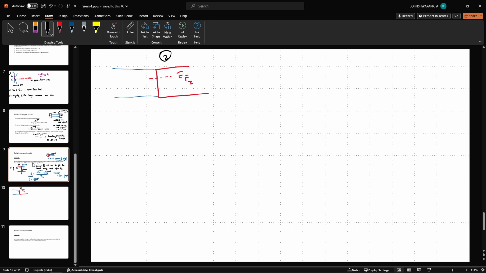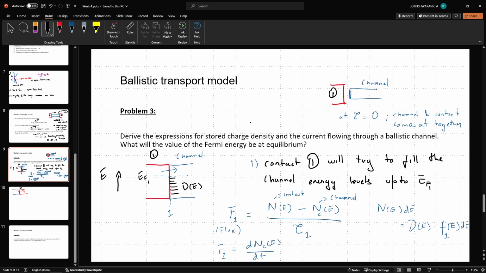So what has to be understood here is this quantity F1 can be positive or negative depending on the value of energy. If the energy is above EF, then this quantity will move backwards, because typically in any material, even at a finite temperature, the number of electrons present above the Fermi level will be very less.